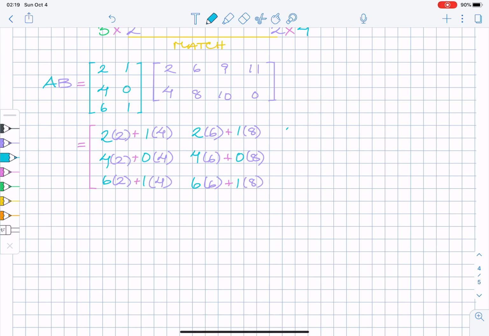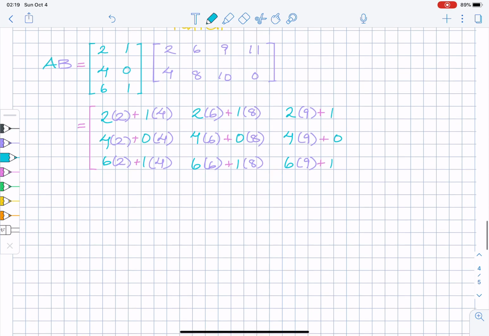Then once again, 2, 4, 6, and 9, 9, 9, plus 1, 0, 1, and 10, 10, 10. And you should see that that's row, column, row, column.